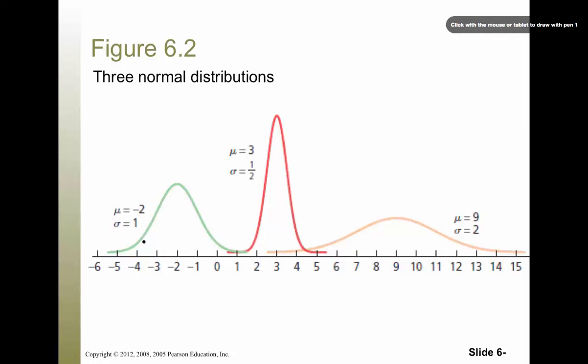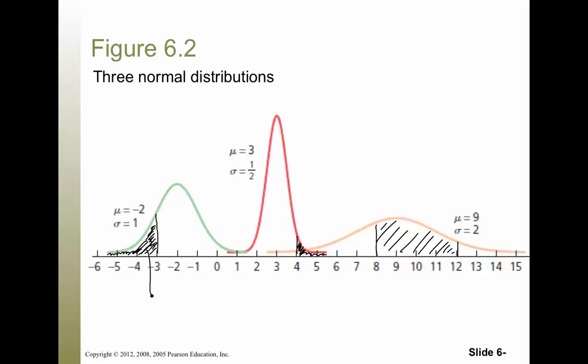So if I were to shade this area right here, and then this area right here, call this one A1, and call that area right there A2, and then A3.